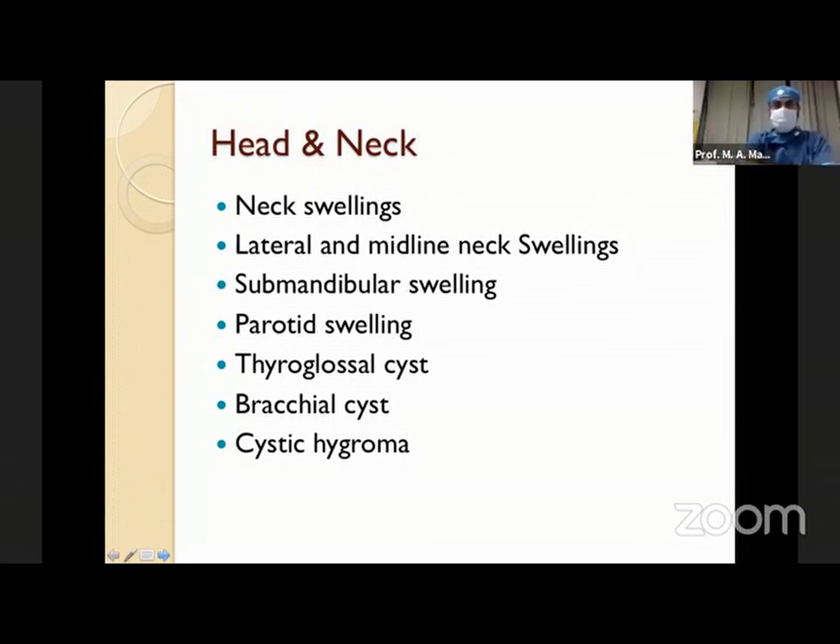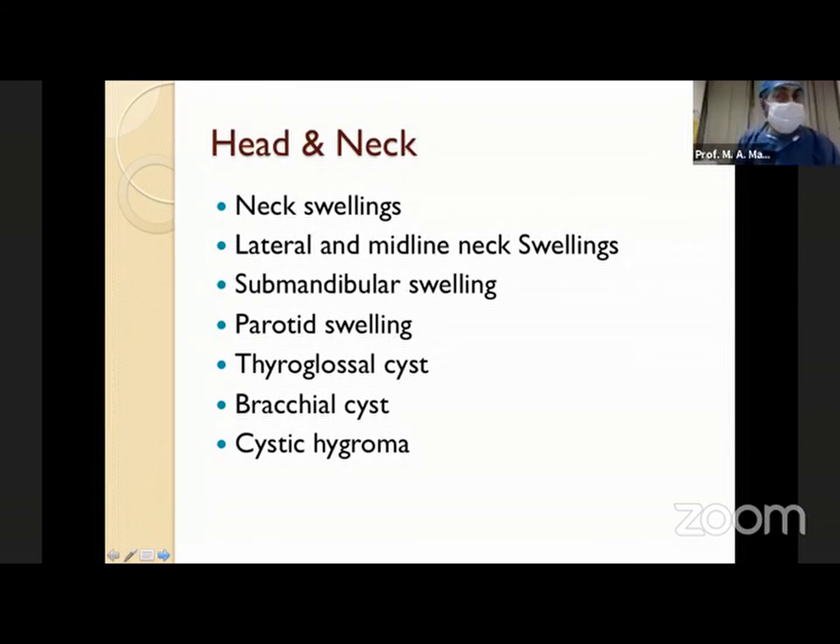Now, regarding submandibular swelling, we usually ask this question in the exam. Suppose a 25-year-old male patient presents with a swelling in the submandibular region, and the patient noticed that every time he eats and drinks, the swelling increases in size with pain and then goes off. What is your diagnosis?